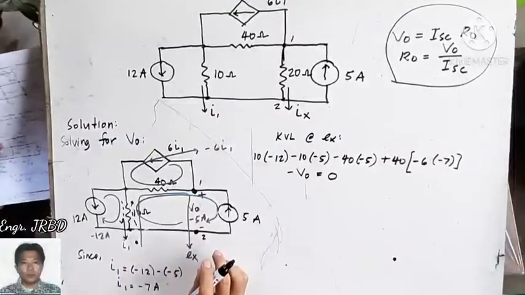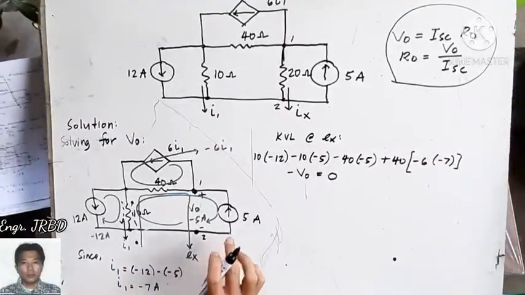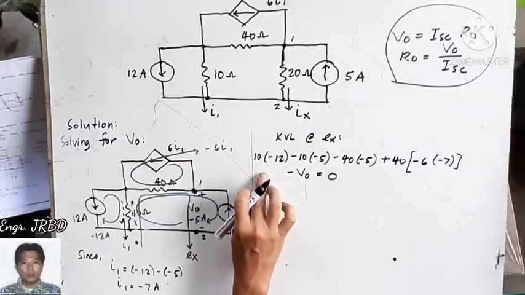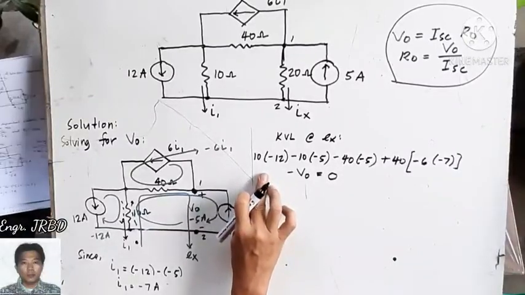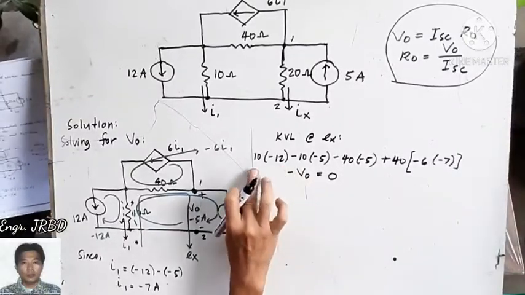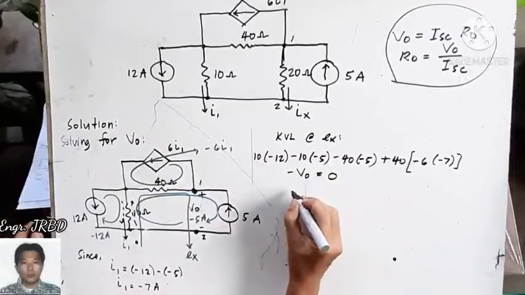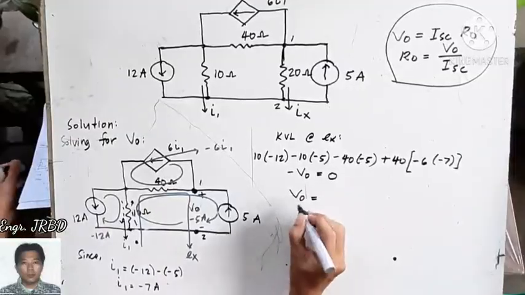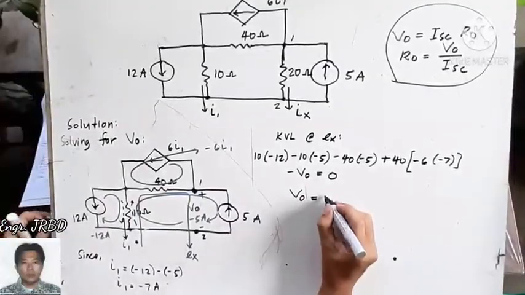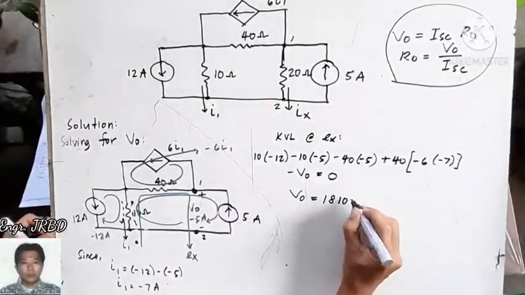Okay? So the open circuit voltage is equivalent to 1,810 volts.